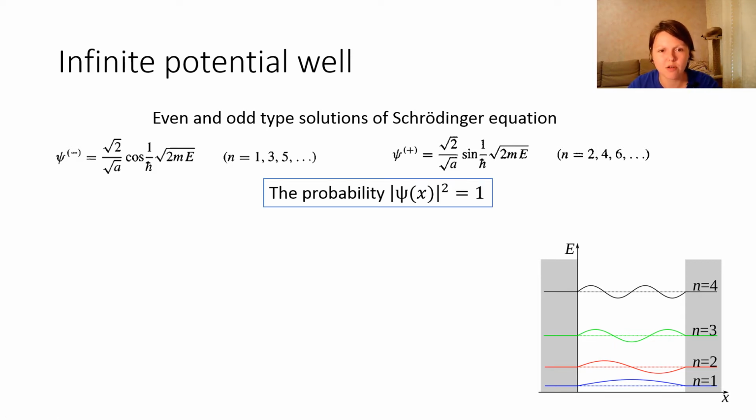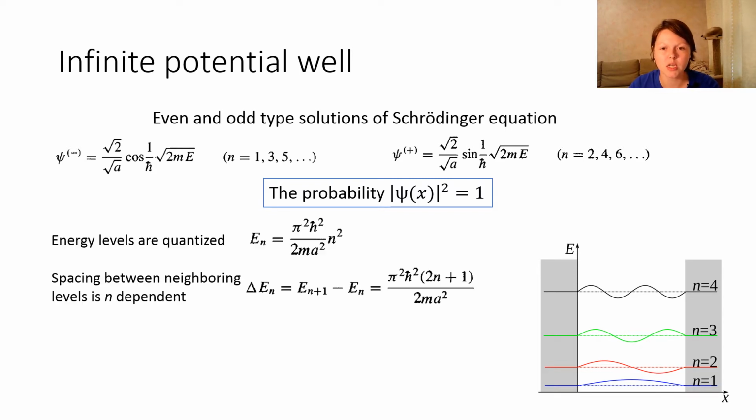But if we bear in mind that the probability of finding a particle inside of the well is equal to unity, we can just take these solutions of the Schrödinger equation, take their modulus, and then take the square of the modulus, and all of this is equal to unity. Based on these equations, we can get the energy level of the particle that can be expressed like this.